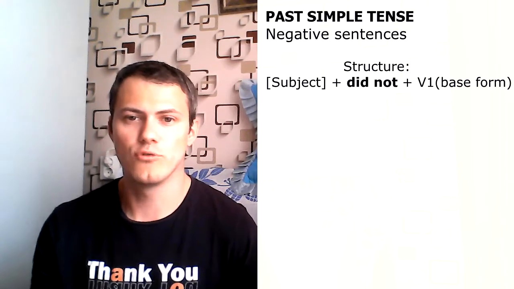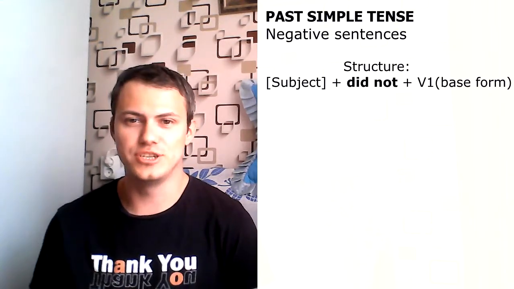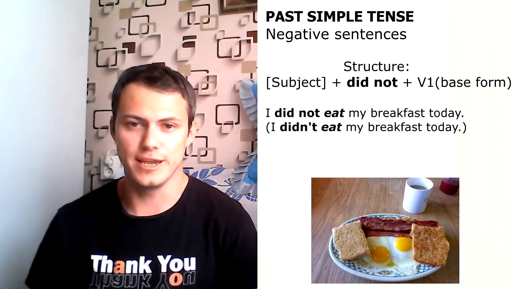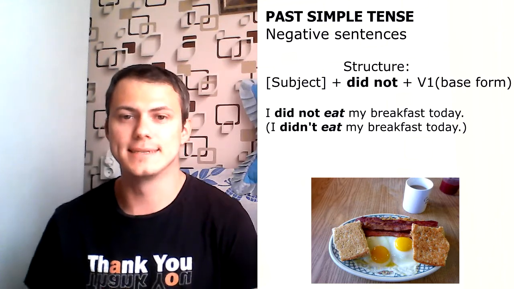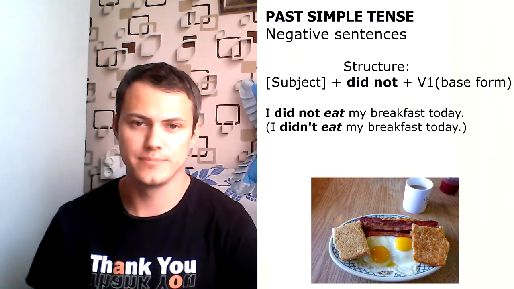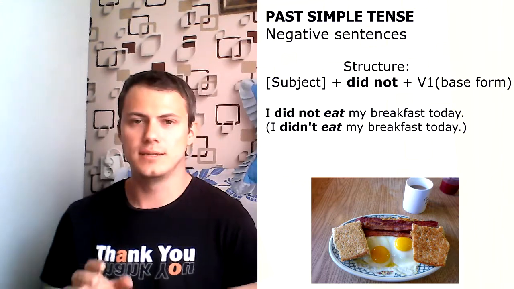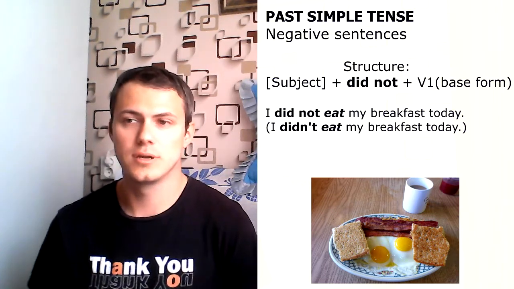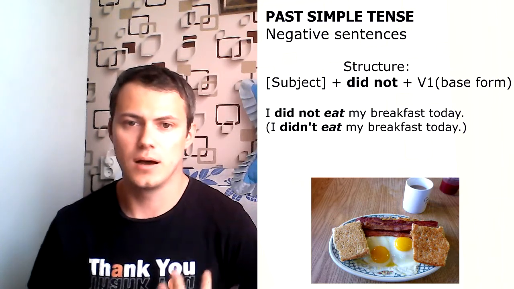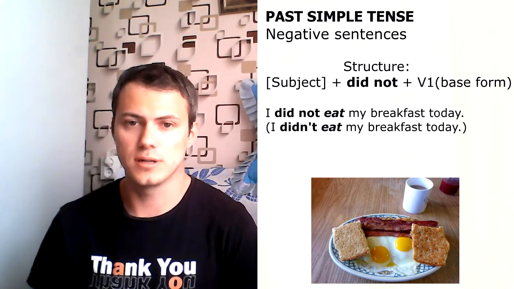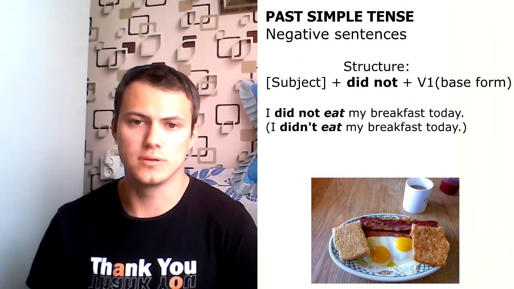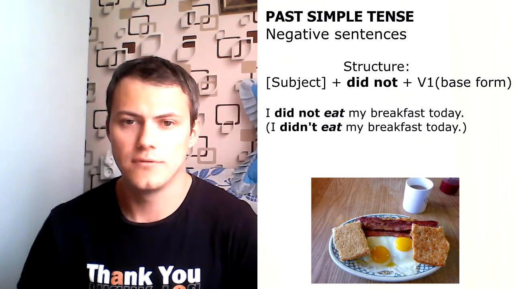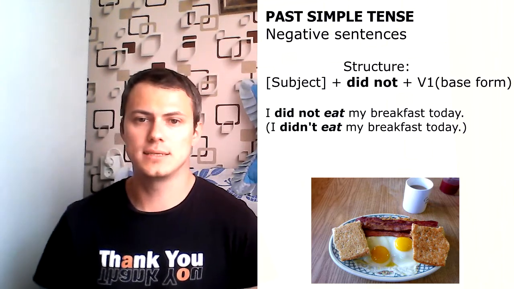So, for example, I did not eat my breakfast today, or I didn't eat my breakfast today. Didn't is a contraction for did not, and usually in spoken English and also in writing English very often too, we can see didn't.